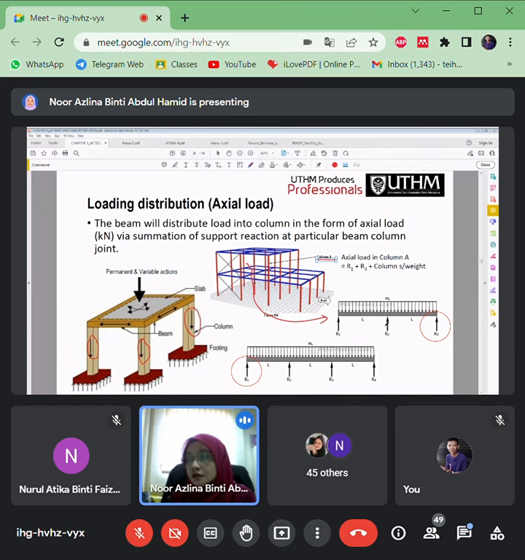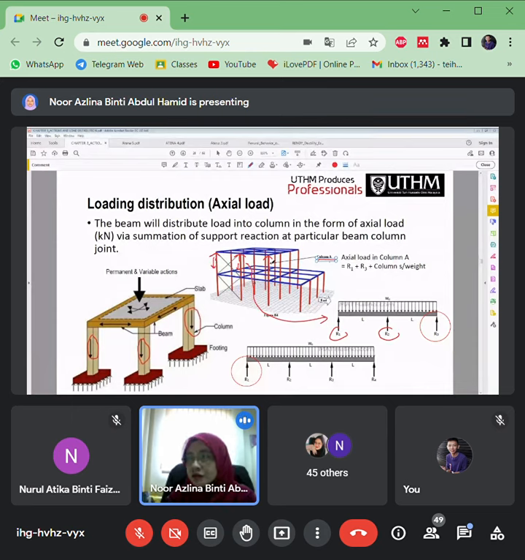It has two spans here. So this is R1, this is R2, and then this is R3. That means the reaction from R3 will be distributed to column A. R2 will distribute to this column, and R1 will apply its load to this column.